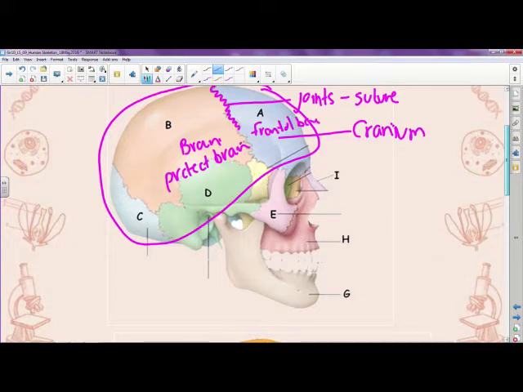You don't have to go into it in too much depth. This is the occipital. When you study in grade 12, you're going to study the brain, and you're going to see that the brain and the cranium have the same labels.